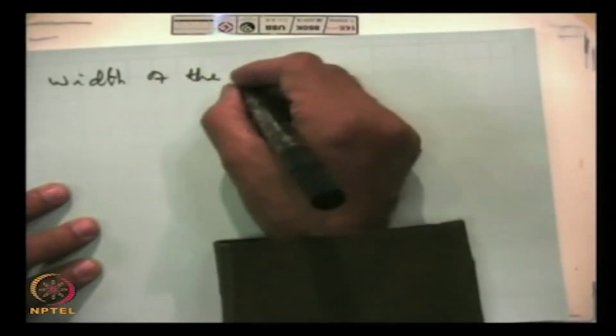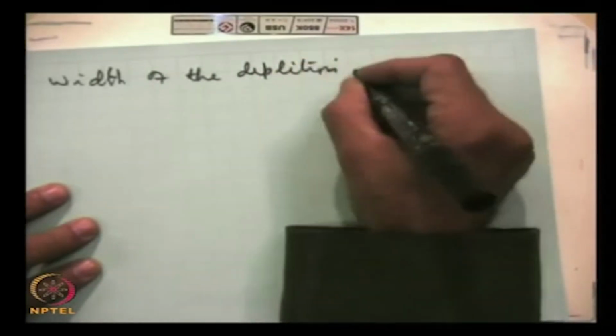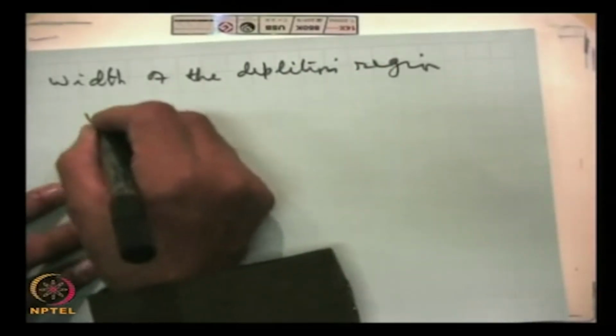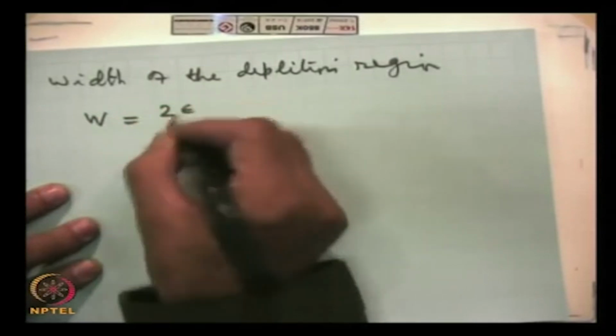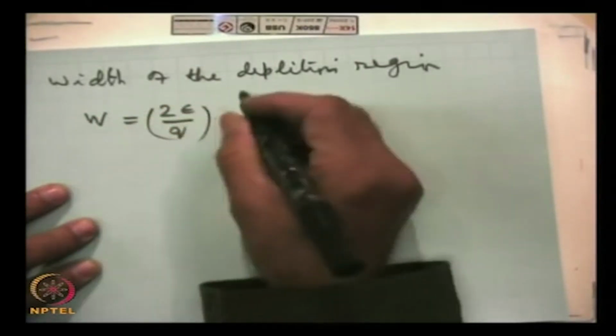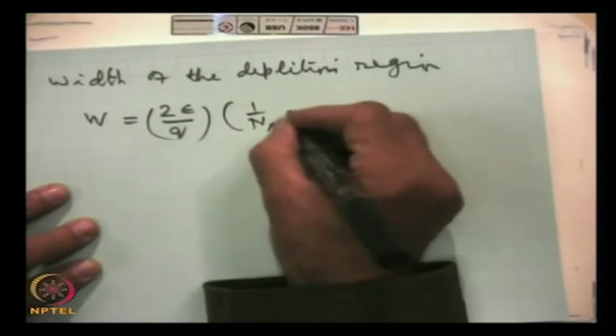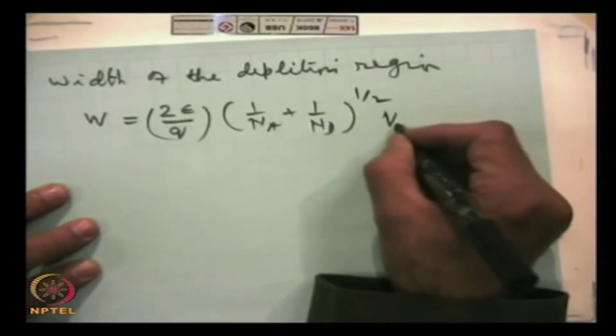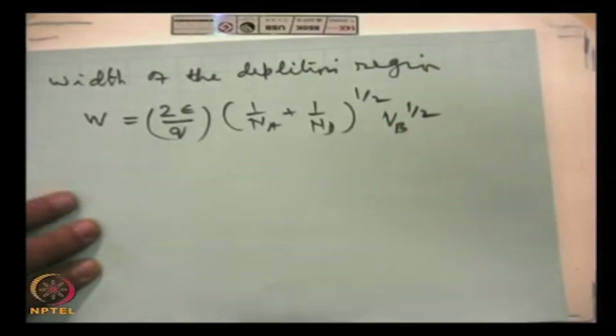Depletion width is also a function of the applied voltage, and the expression for that can be obtained. The width of the depletion region, W, is given by 2 epsilon over q, times 1 by N A plus 1 by N D, to the power half, times the built-in voltage.